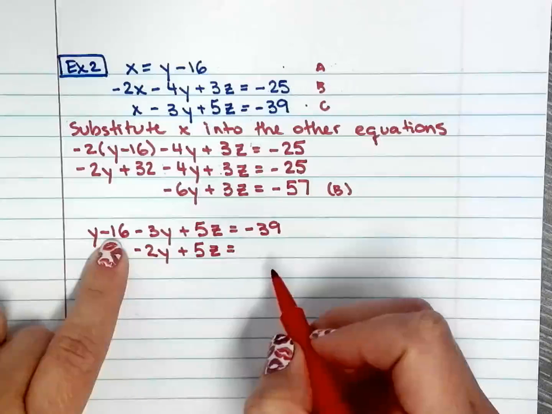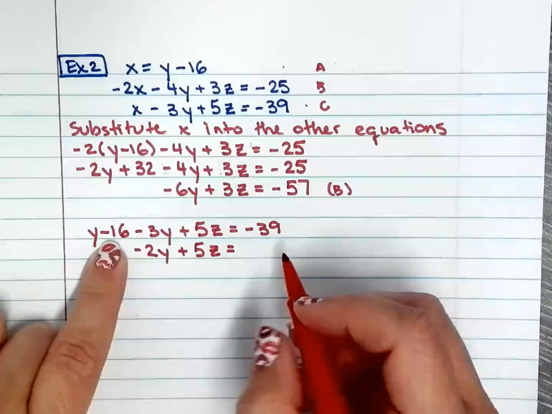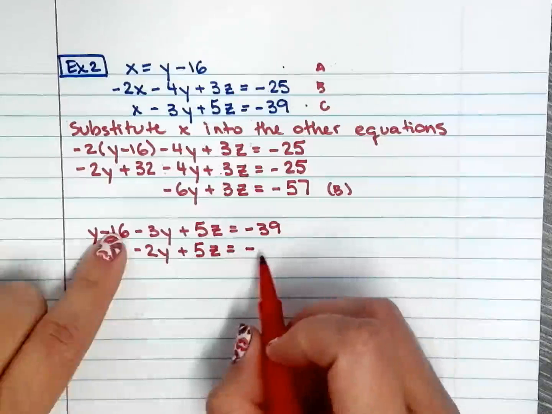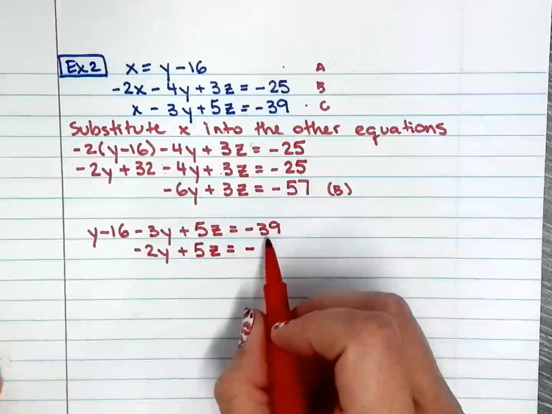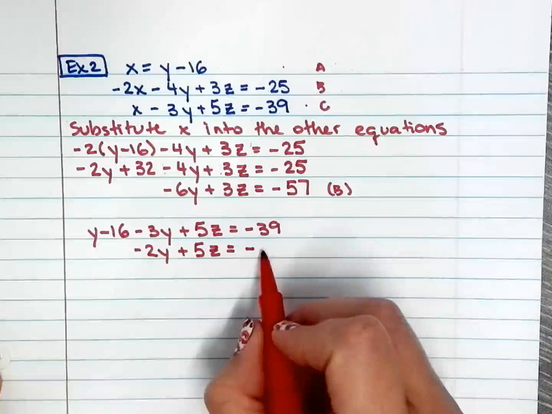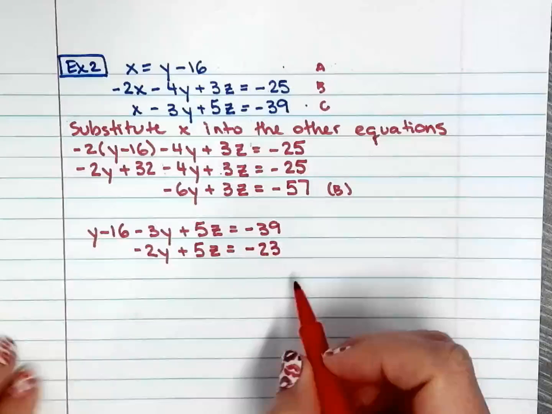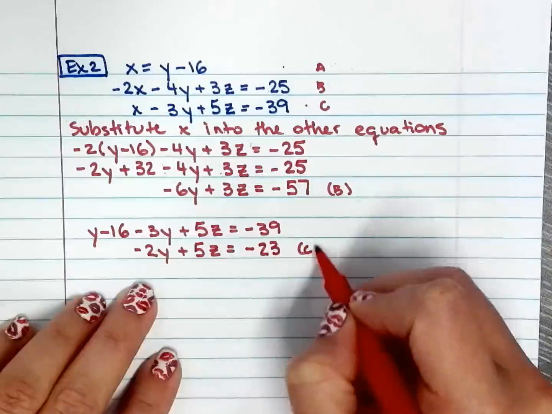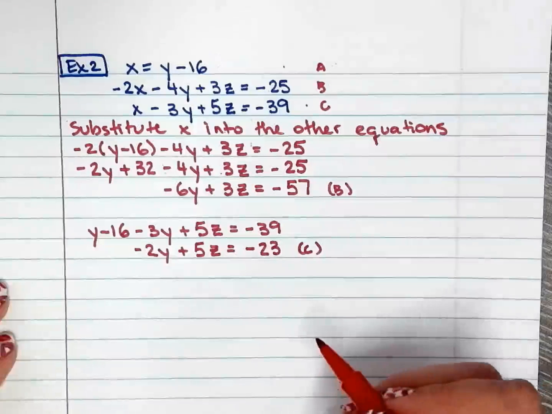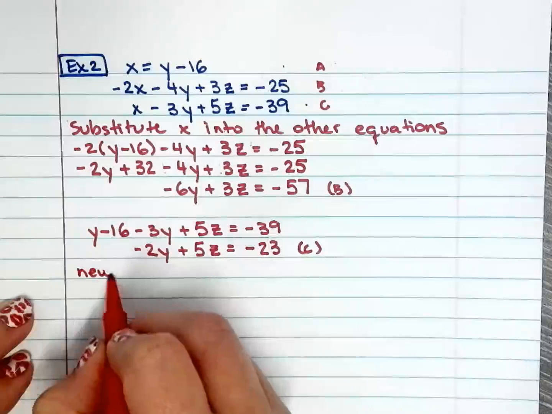And at the same time, I will go ahead and add 16 to both sides. So plus 16, -39, combined, -23. So this is the C equation. So now I have my new system.